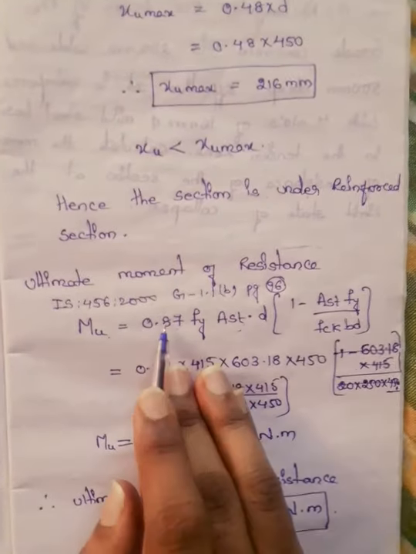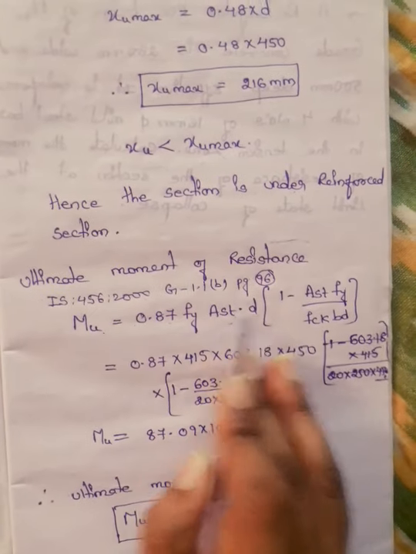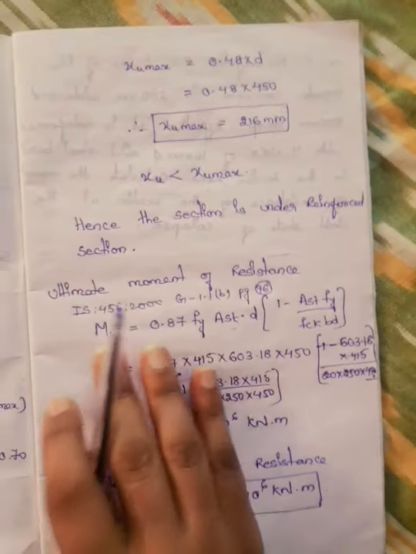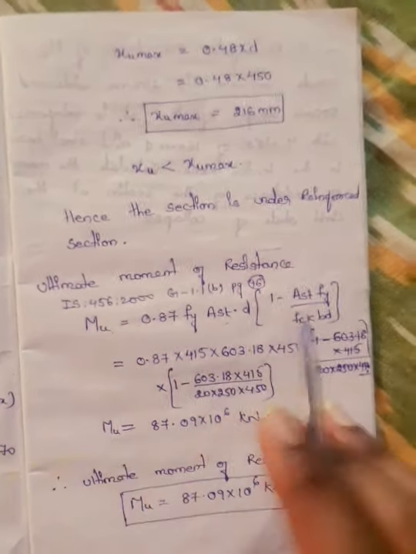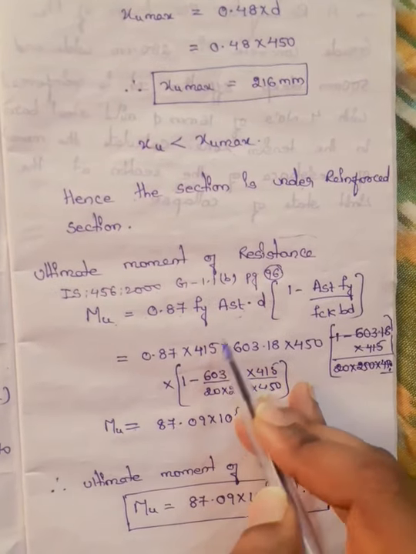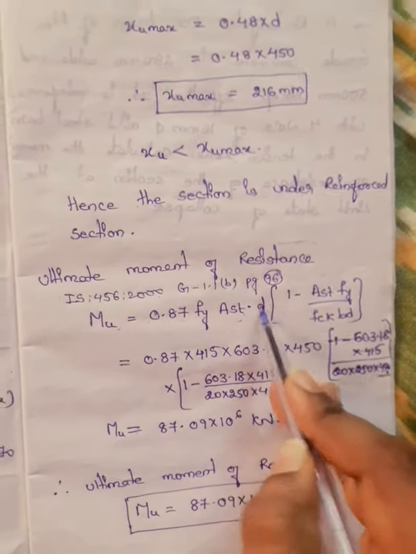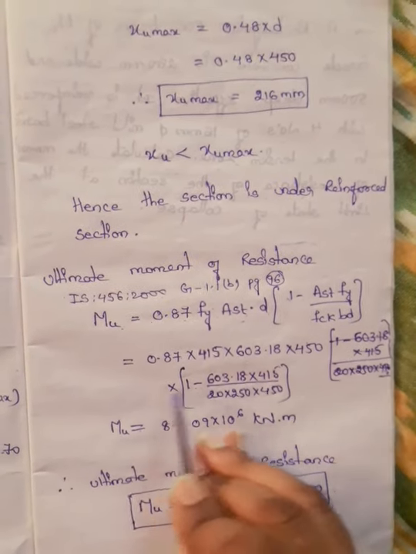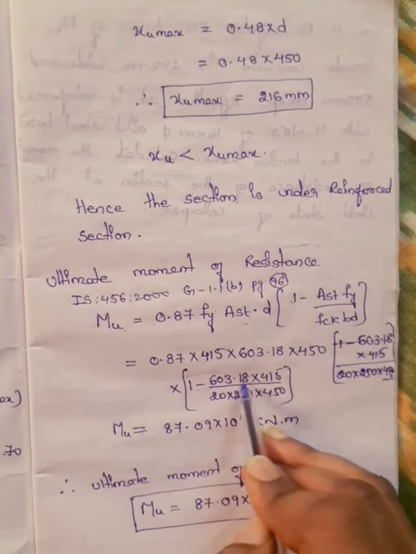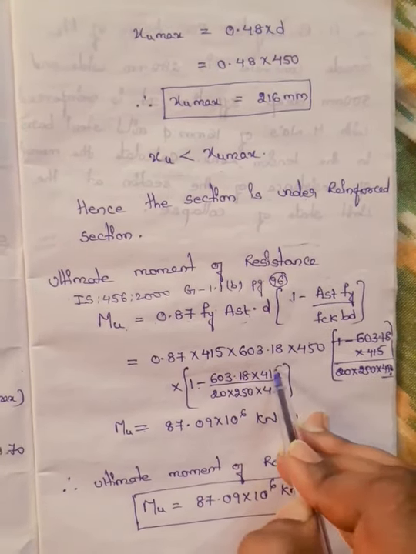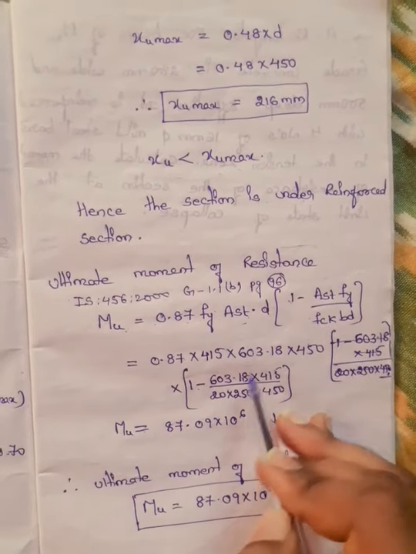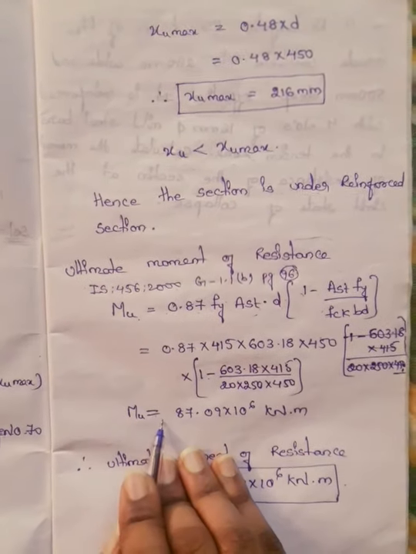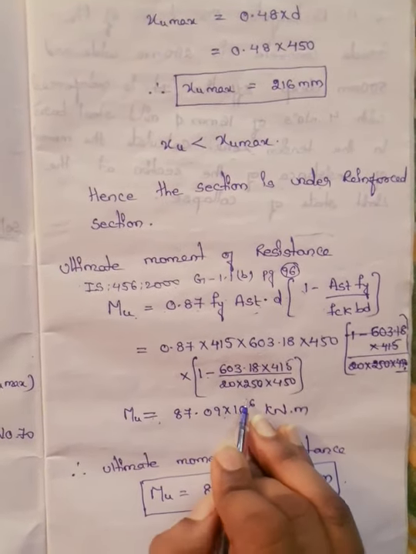Now we'll see, are there any unknown values? fy we know, Ast we know, d we know, fck, b, d, all are known values. Simply substitute all the values and find Mu. So substitute 0.87 into 415, Ast is 603.18, d is 450, and 1 minus Ast 603.18 into fy 415, fck is 20, b equals 250, d equals 450. Substituting all the values, you will get Mu equals 87.09 into 10 power 6.